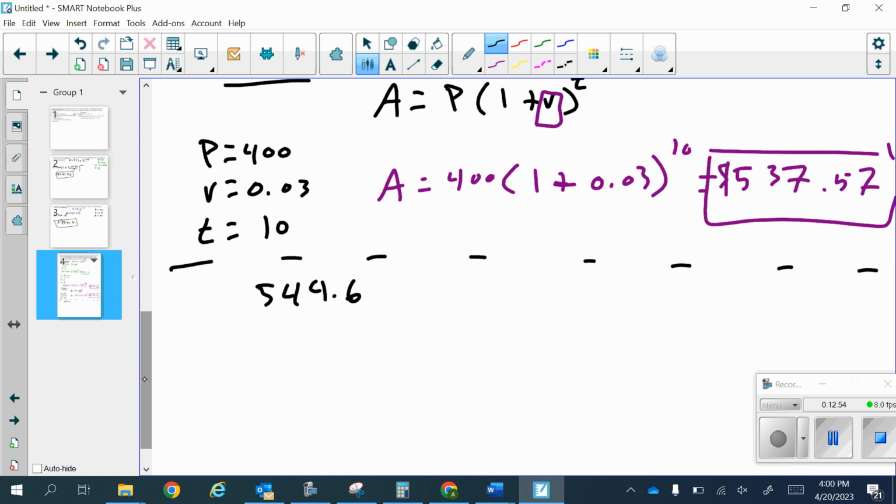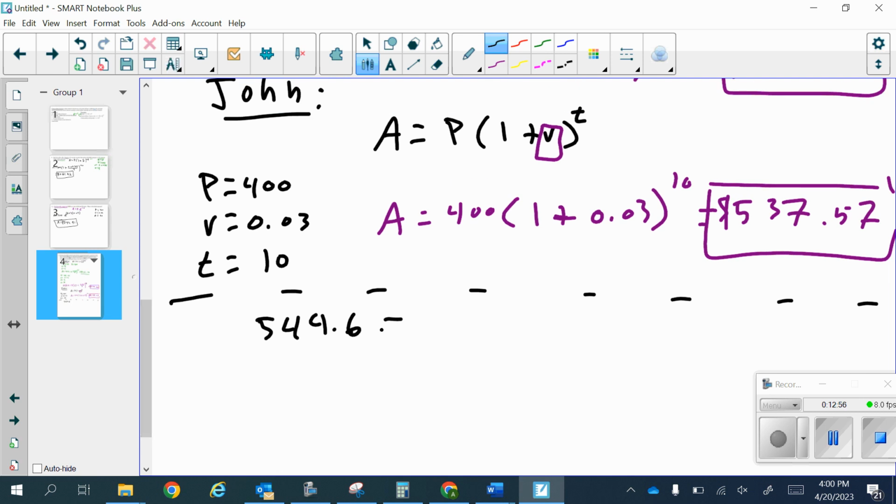And I want to see, well, if John, who put in an initial deposit of 400, what does his rate have to be, his R, so that he earns the same amount as his sister did in the same amount of time? The only thing I'm doing now is I'm just solving for a new R. I want to know, what does John's rate have to be so that he, in that same time frame, made the same amount as his sister.